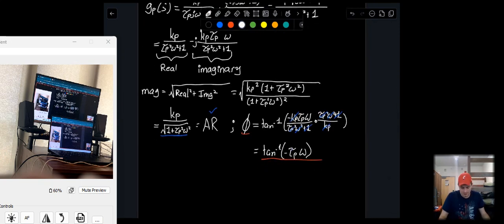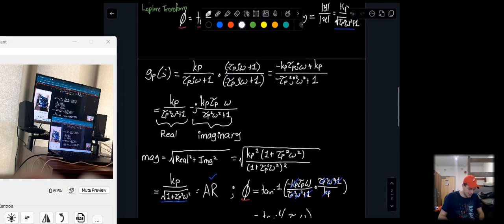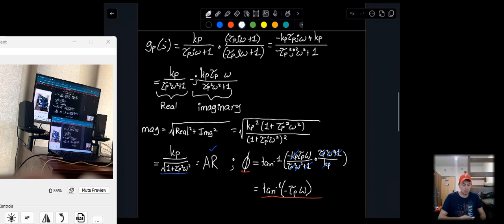That kind of describes in its entirety why the s equals j omega substitution works here. Again, we're constructing a real and an imaginary component, and then constructing our amplitude ratio and our phase angle in both of those cases. So, a pretty long math derivation.